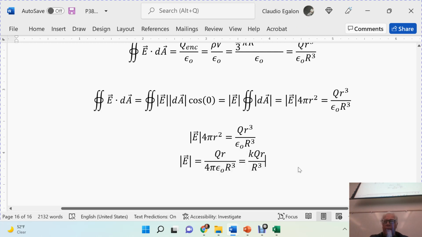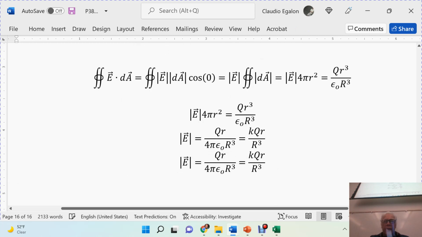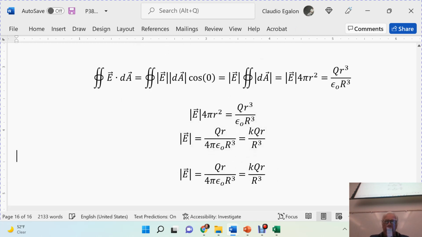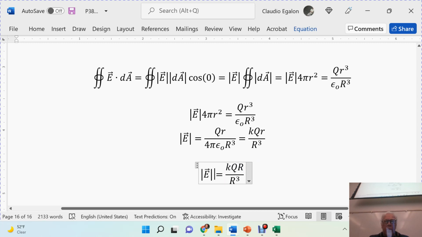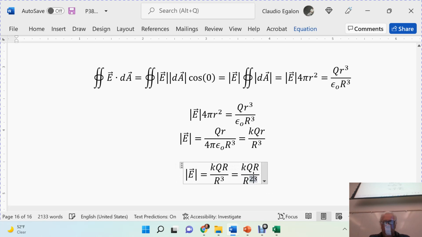Is this electric field continuous at the surface of the sphere? Let's see. The value of this field at the surface of the sphere is going to be kQ over R squared.